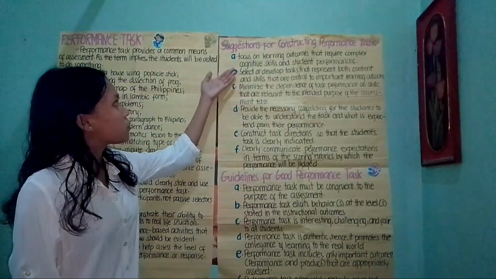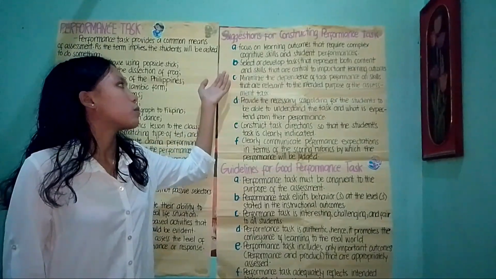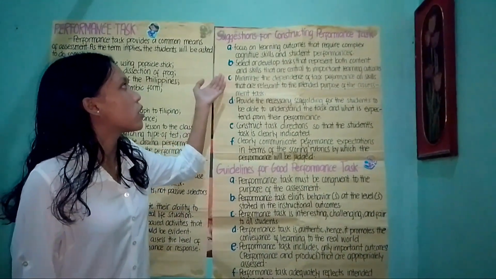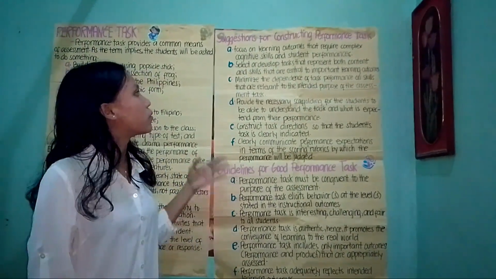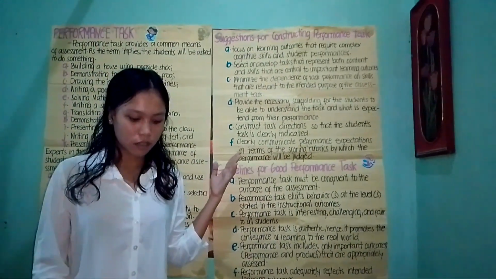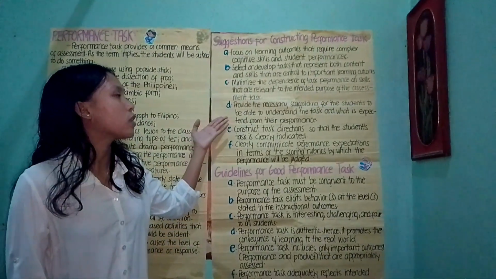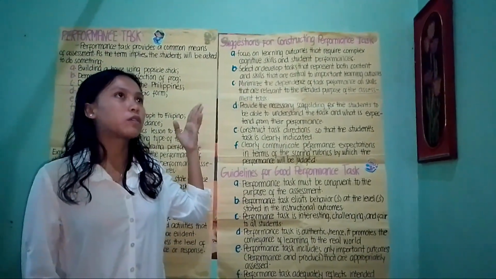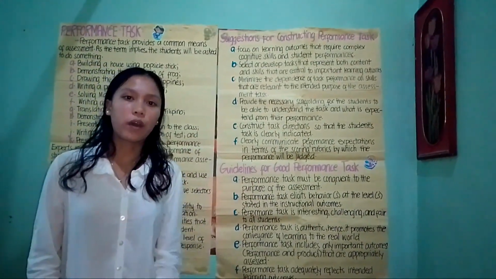So, letter A is focus on learning outcomes that require complex cognitive skills and students' performance. So, focus on complex skills. The task should challenge students to think critically, problem solve, and apply what they've learned in a meaningful way.